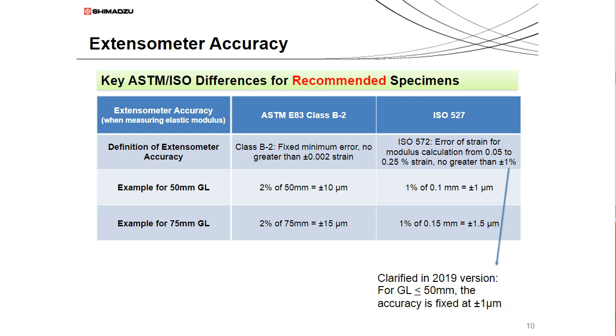This is actually an inconsistency in the standard that suggested that the accuracy had to be below 1 micron for gauge lengths less than 50 millimeters, but this was corrected in the 2019 version of the standard and now has a defined minimum of 1 micron. So this is an important point to note that there are differences in the requirements between the two standards.